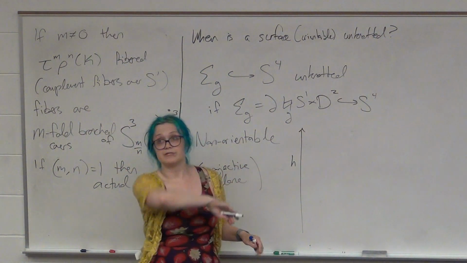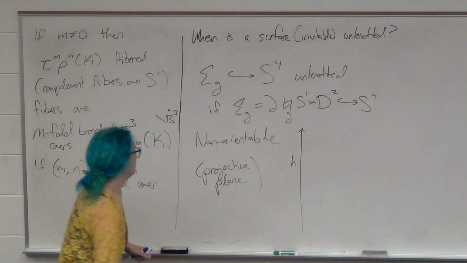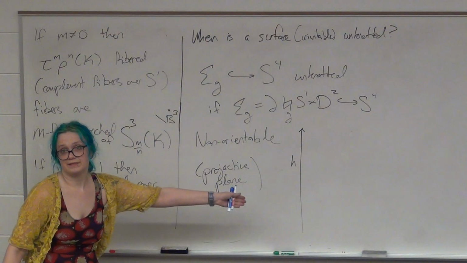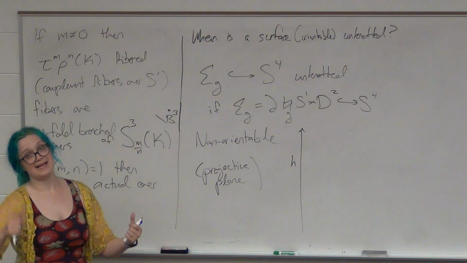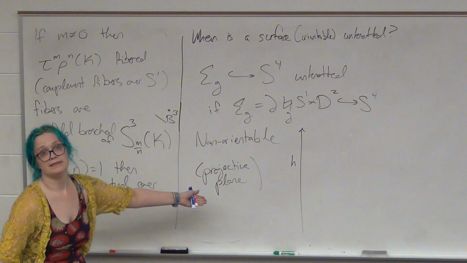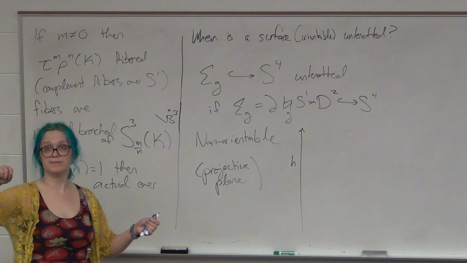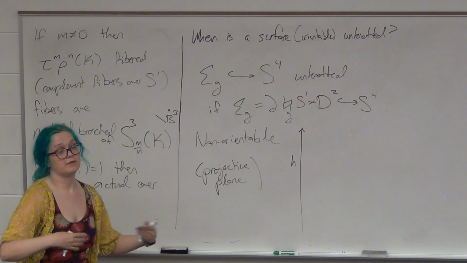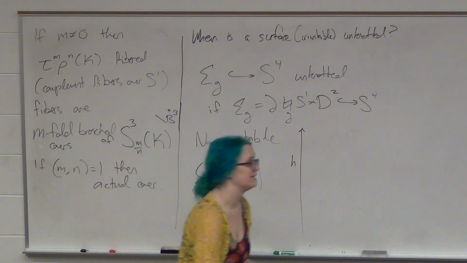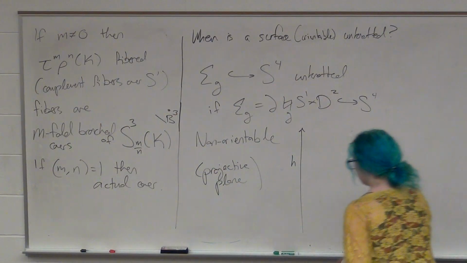All the cross sections are just S3. So my projective plane is going to be sitting here, and it'll have a Morse function on it from the height function. It definitely has to have a minimum and a maximum. This is a compact surface, and its Euler characteristic is 1, so it would have to have an index 1 point. And if I could arrange for that to happen, that would be the smallest possible projective plane. Okay? So we can arrange for that to happen.